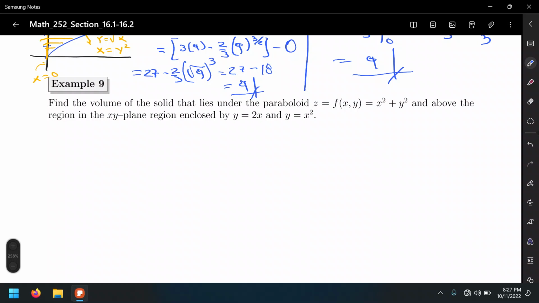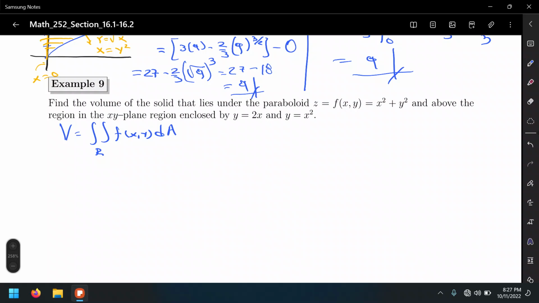It will have something else, which is going to be this f of x, y. So volume is the double integral over a region R of f of x, y, dA. And we may go about dy dx or dx dy. We don't know yet. So that's why initially we go about dA rather.